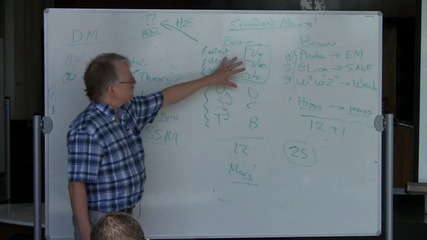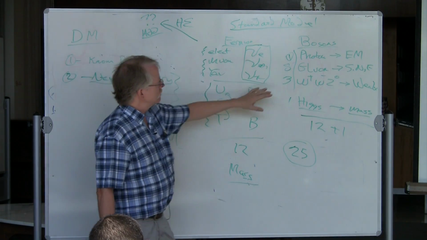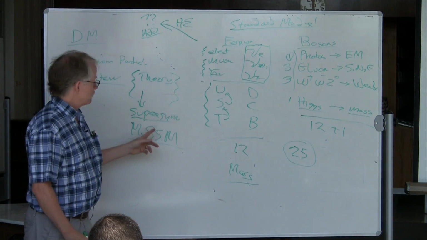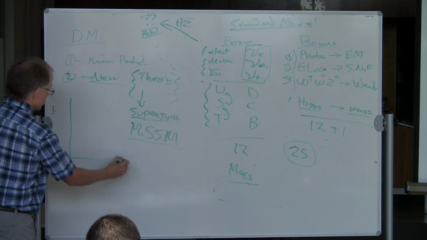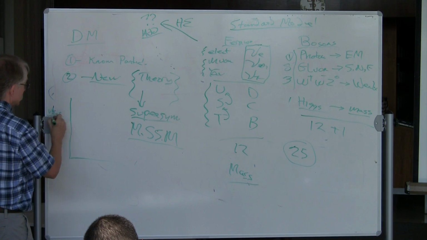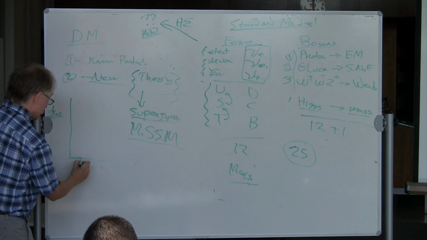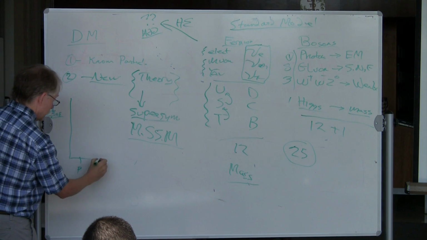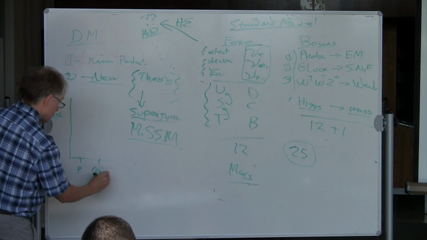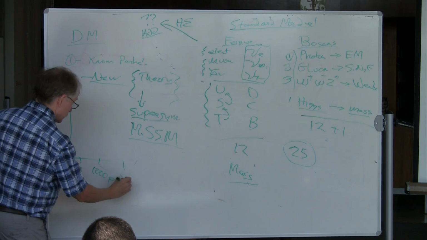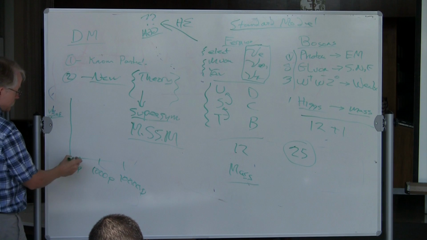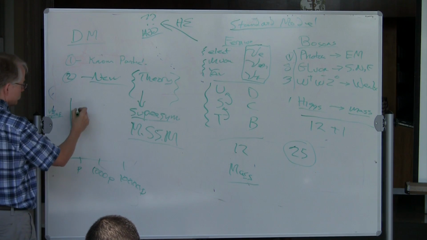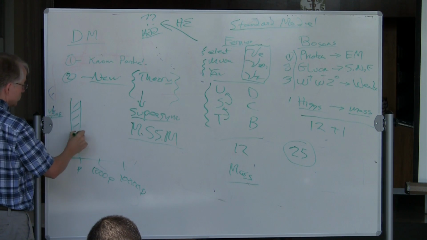For instance, each one of these particles that you see here and here has a partner particle. And if we were to look at masses, this is the mass of a proton. This is 1,000 times the mass of a proton and 10,000 times the mass of a proton. Most of our physics would be sorted in this area here.